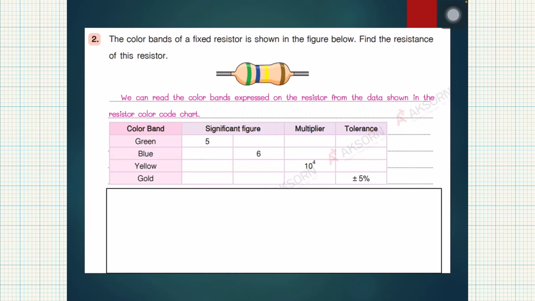What about this one? You have 1 minute. What is the resistance of this resistor? Very good. It's 532,000 to 588,000 ohms. Okay?